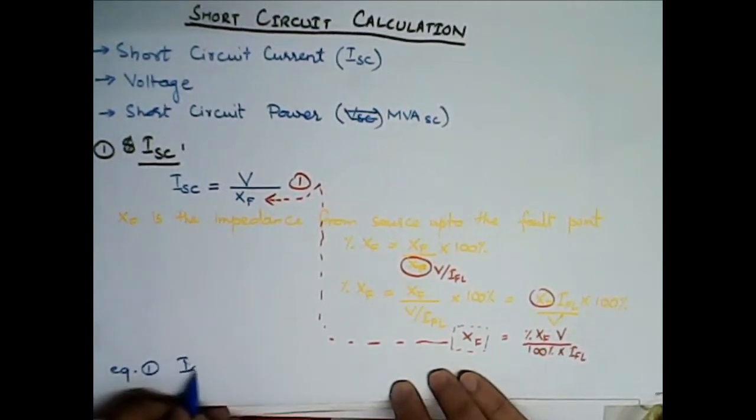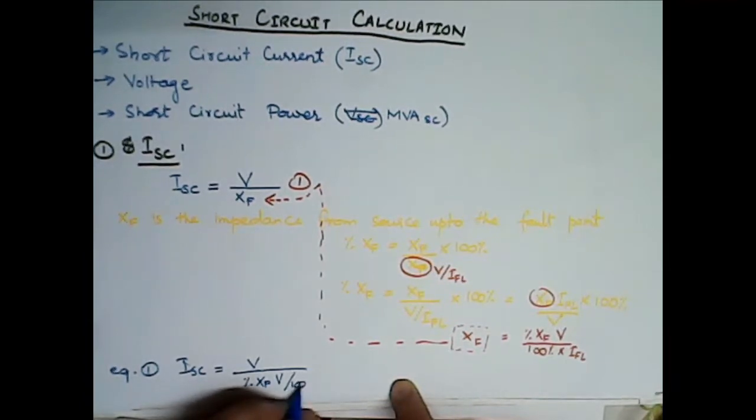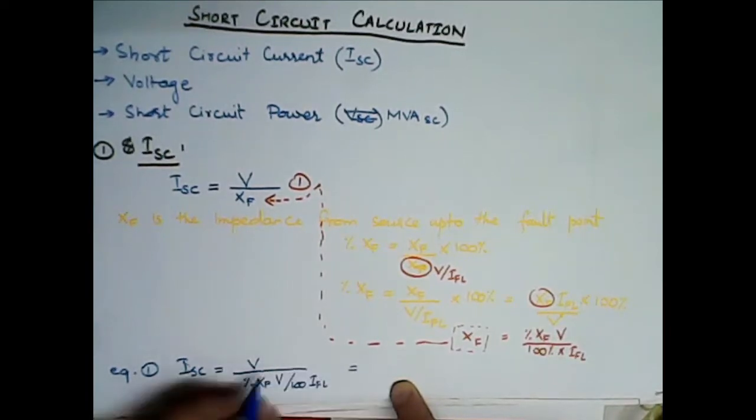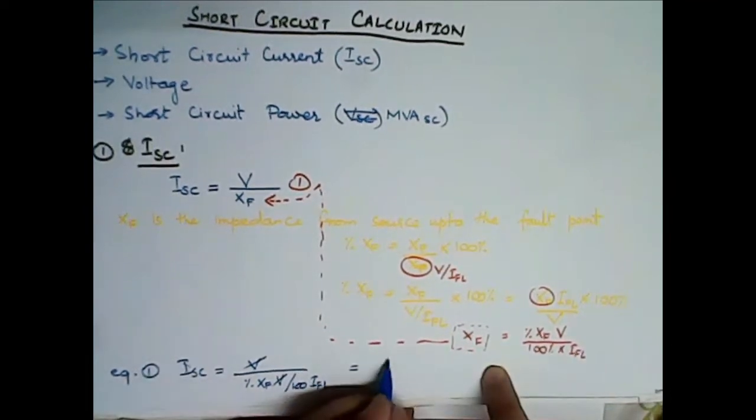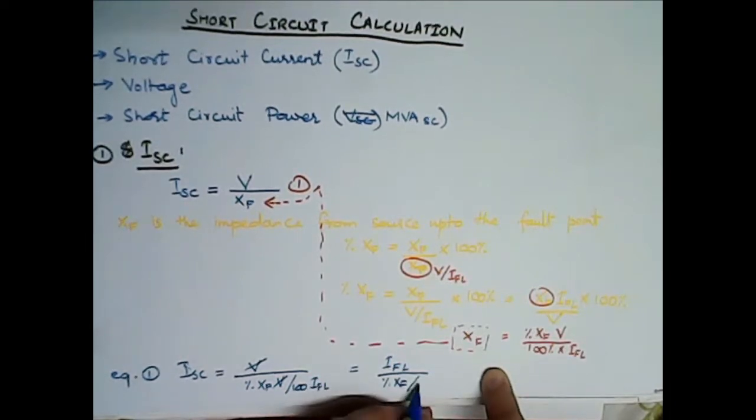I short circuit is equal to V divided by percentage XF times V over 100 times I full load current, which can be simplified as I full load current divided by percentage XF divided by 100 times I full load.